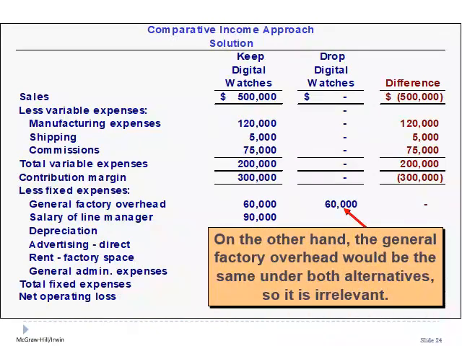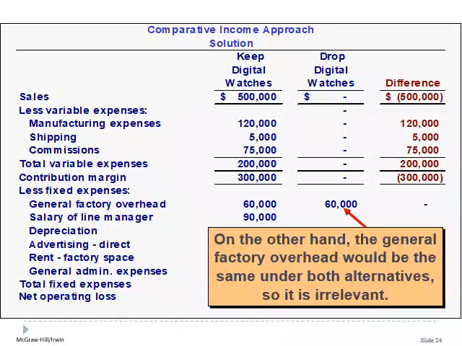Now let's look at the fixed expenses to determine which element is relevant and which one is irrelevant. Look at the general factory overhead. The general factory overhead is the same for the two alternatives. So it says here in the box, on the other hand, the general factory overhead would be the same under both alternatives, so it is irrelevant.